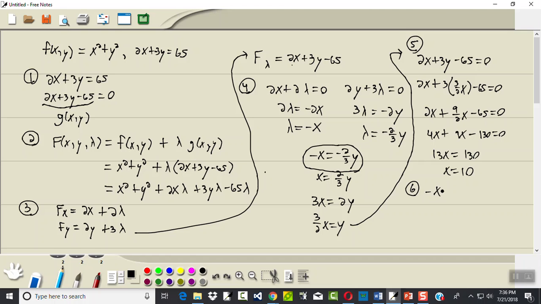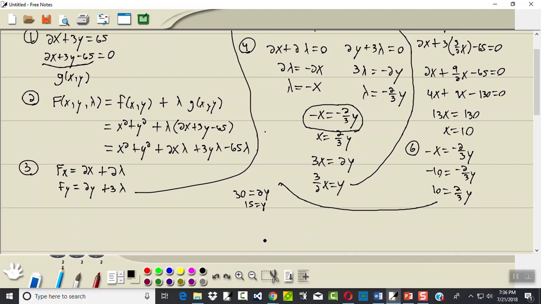We got negative x equals negative 2/3 y. Plug 10 in. Multiply both sides by negative 1. Multiply both sides by 3. And we get 30 is equal to 2y, which gives us y is equal to 15. So we got x is 10 and y is 15. Now this is our critical point.